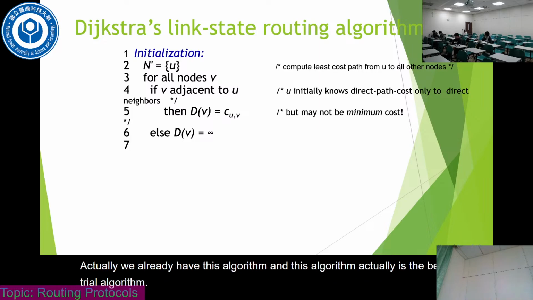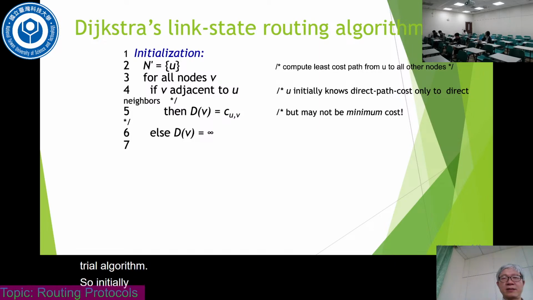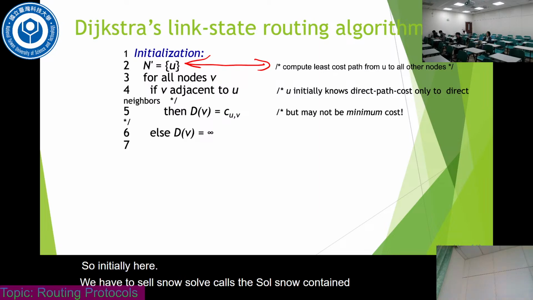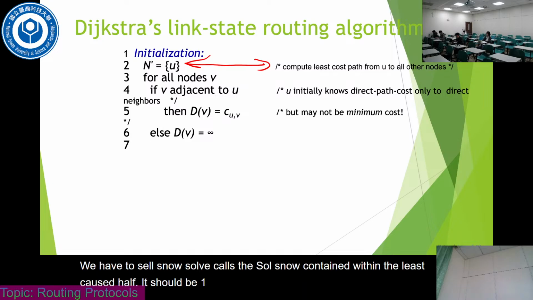Actually, we already have this algorithm, and this algorithm is the Dijkstra algorithm. So initially, we have the source node. Of course, the source node is contained within the least cost path set, so this one is contained within N prime.